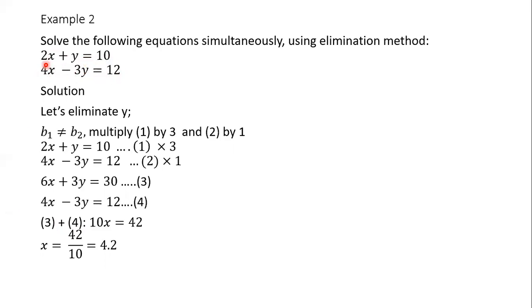So looking at the coefficient of x in both equations, a1 is 2, a2 is 4. Now the coefficient of y in both equations, b1 is 1, b2 is minus 2. So they are not the same.